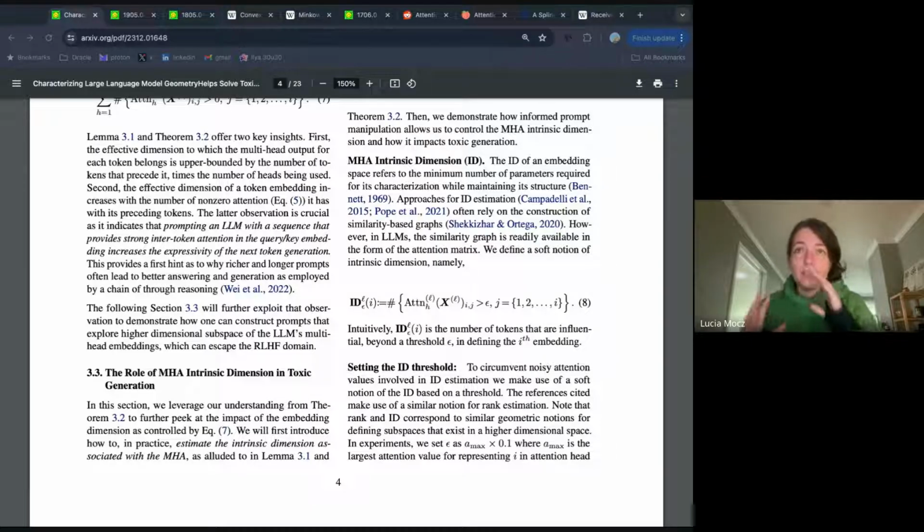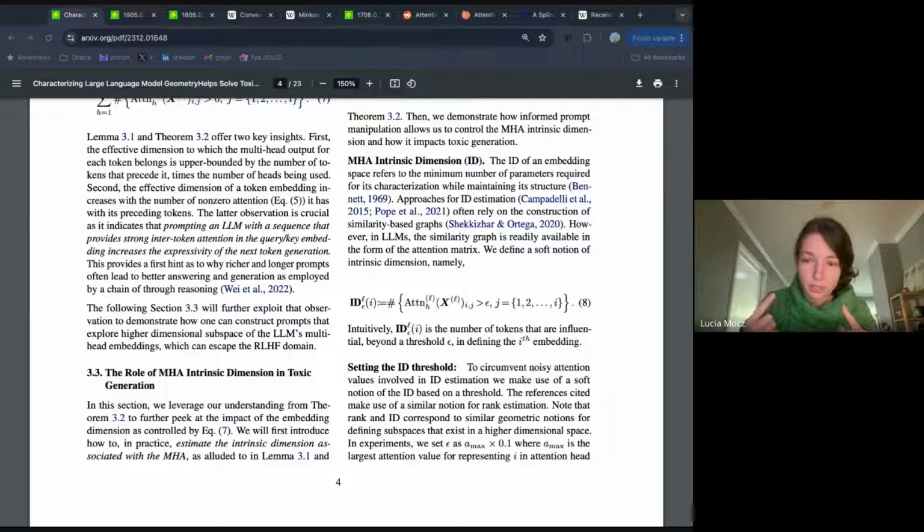So as long as the attention between the ith vector and all the previous vectors is large enough, it counts. The idea is that if attention is very high, then the words are more correlated with each other.